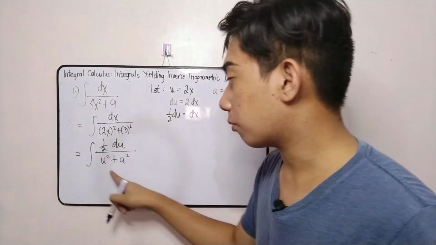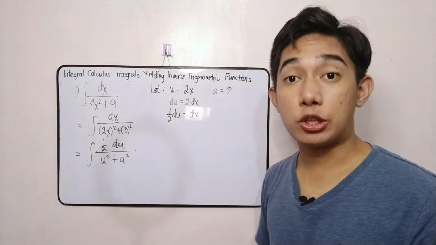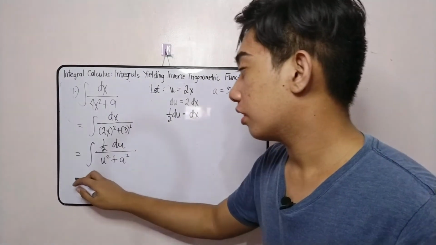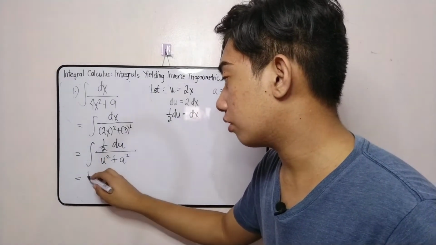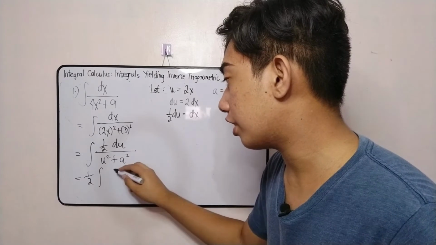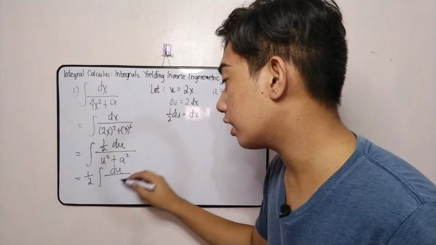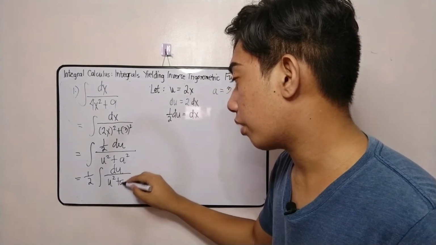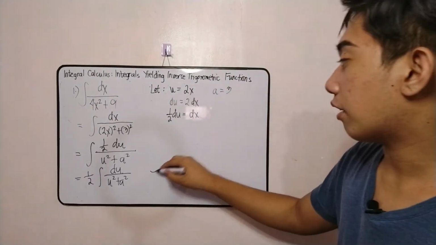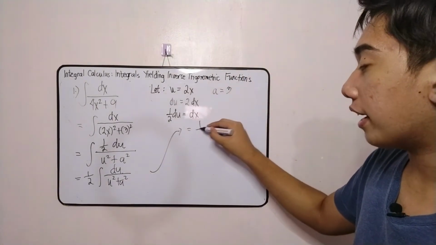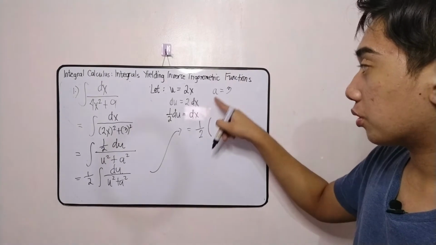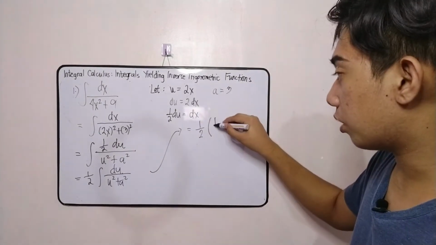And you notice, kung plus na kaagad dito, we will use inverse tangent. Then, labas muna natin yung ating constant. So, 1/2 the integration of du all over u squared plus a squared. And then, we get our value 1/2 times 1 over a because of the rule.